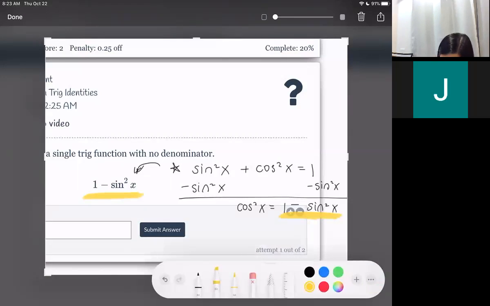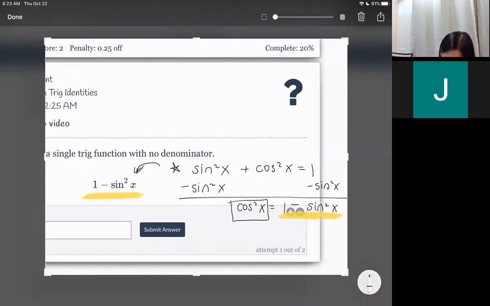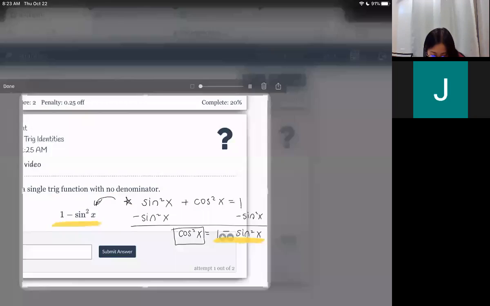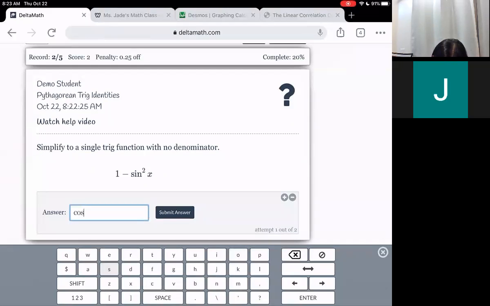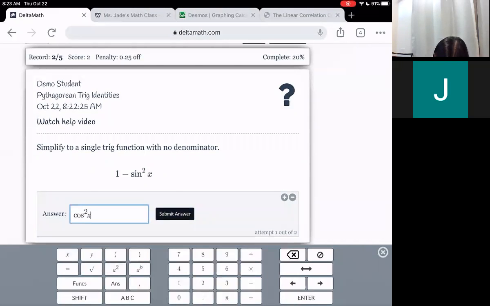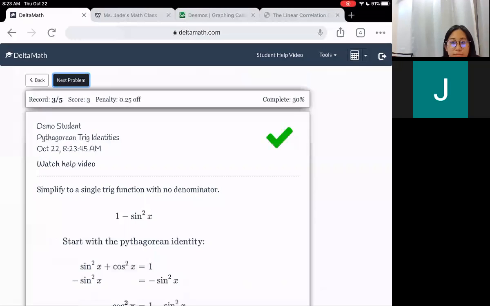And so therefore, our answer is cosine squared x. Any questions? Okay, so cosine squared x. All right, so that would be it for this section.